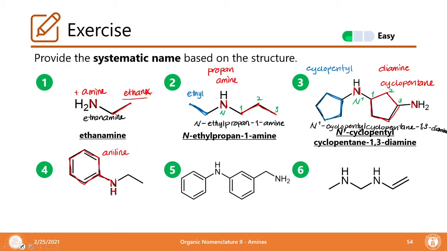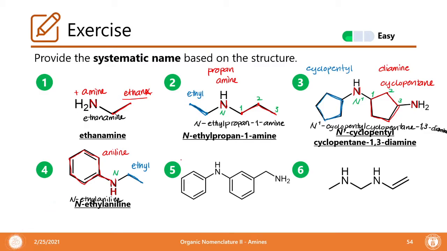And then we have a substituent with 2 carbons, ethyl. And where is that ethyl located? It's on the nitrogen atom. And that's essentially the name. Just have to assemble N-ethylaniline. N-ethylaniline. Okay. Let's go to the next one.